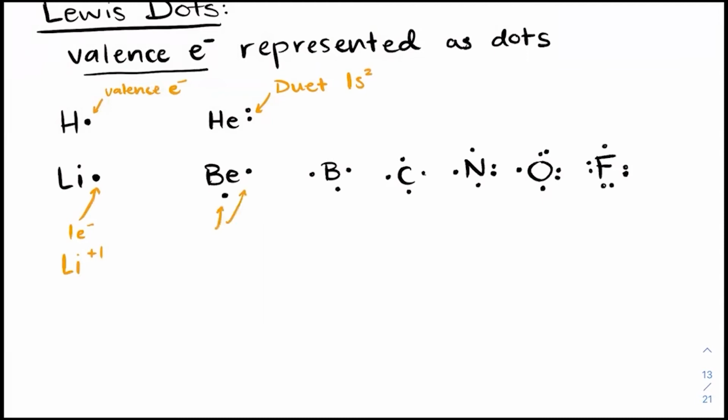Beryllium has 2 electrons. He'll give those up to become beryllium plus 2. Boron is a metalloid. He can either make 3 bonds, like covalent, or become boron plus 3.